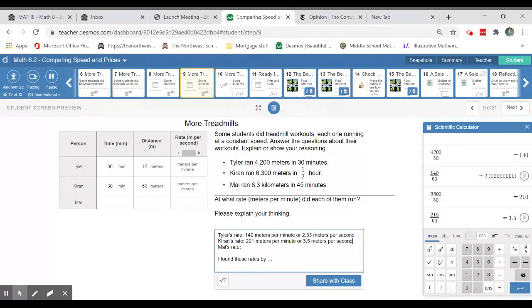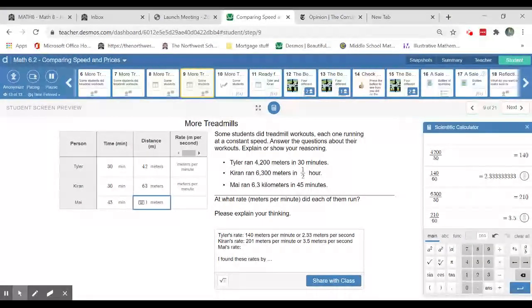This was just confusing. And then 45 minutes, and then 6.3 kilometers. Well, I want to do that in meters. So 6.3 kilometers is 6,300 meters.